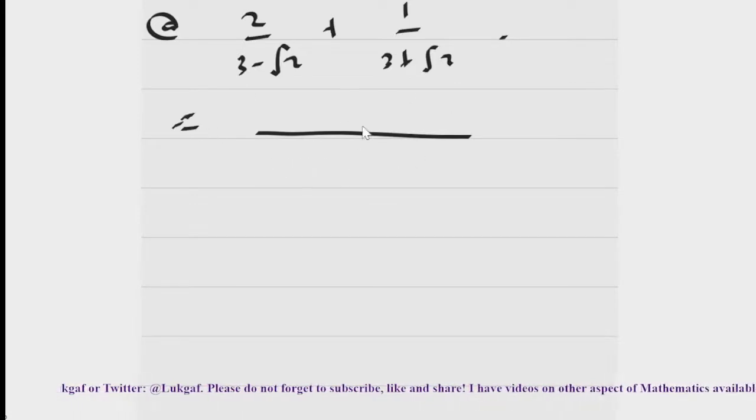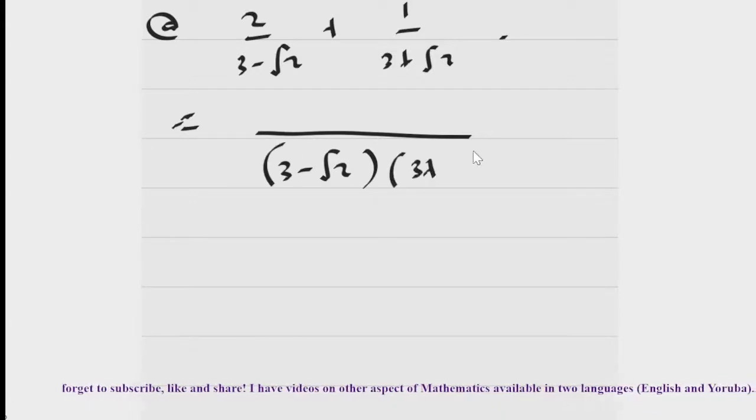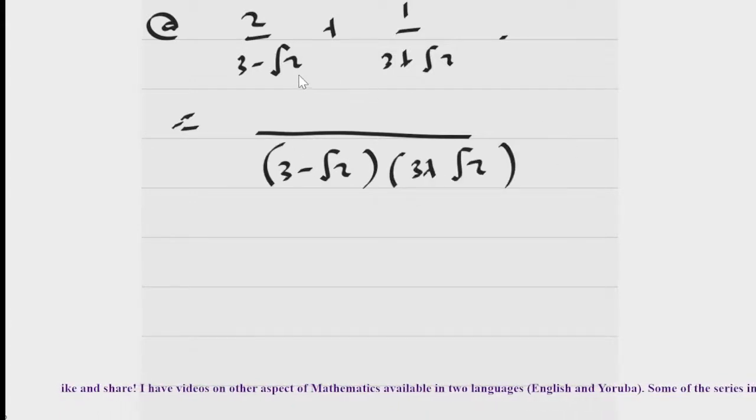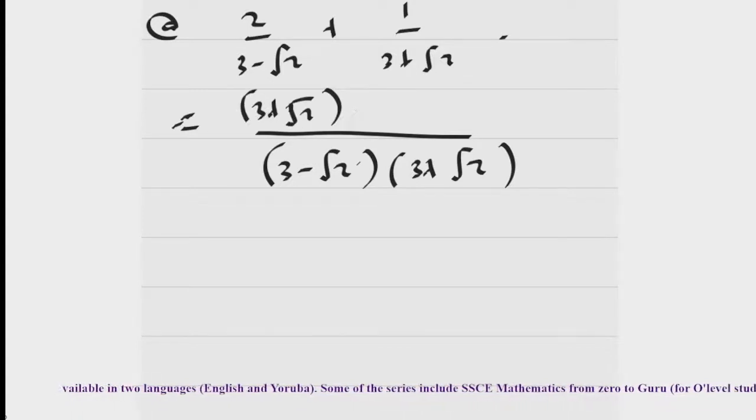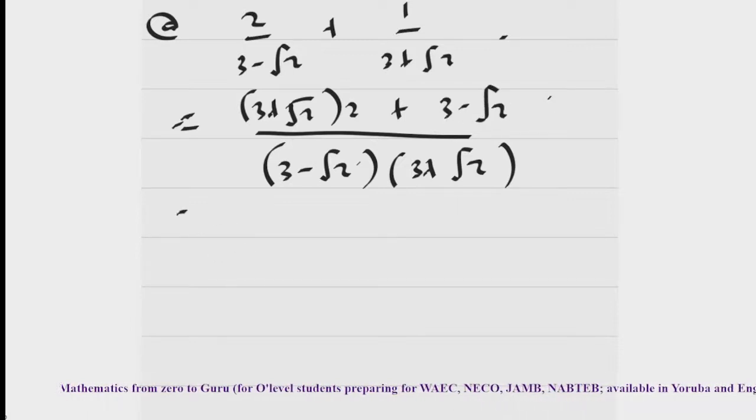Then your LCM will be the product of these two guys, 3 minus root 2, 3 plus root 2. Then how many of these are you going to have here? That's 3 plus root 2 times 2, then plus this times this. This will cancel this. Then you have what? 3 minus root 2. Then if you simplify further, this is going to give you 6.